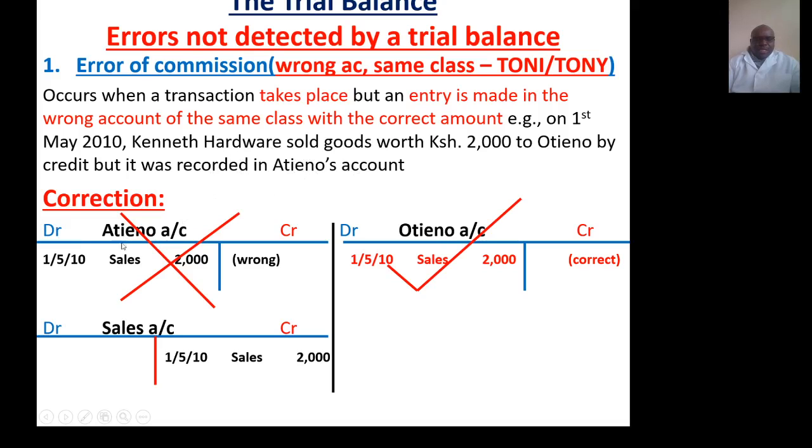So this is the wrong transaction. We recorded in Atieno's account that we sold to her goods worth 2,000 instead of Otieno. So we establish Otieno account and then record the transaction correctly on the debit side, and then we debit the sales account with the same amount of money transacted.